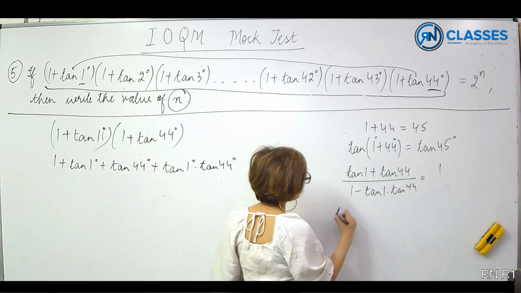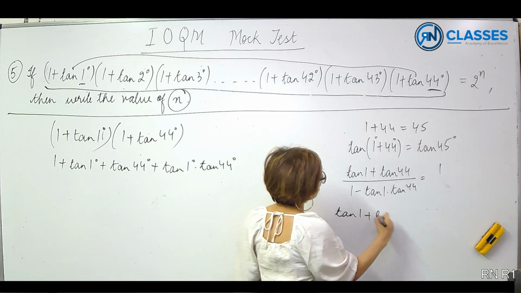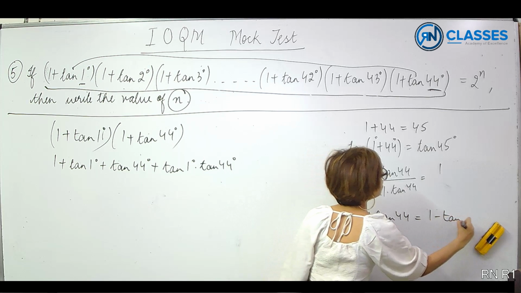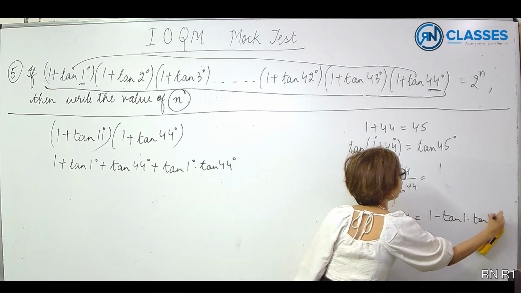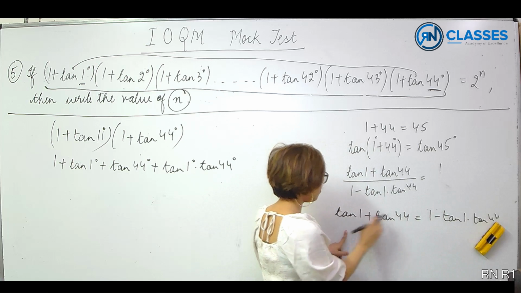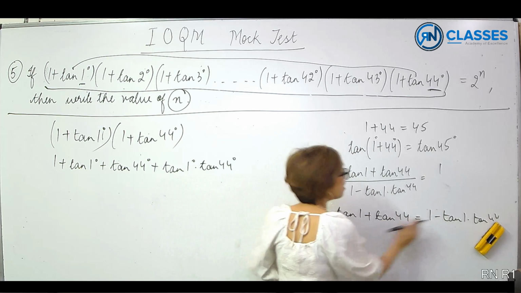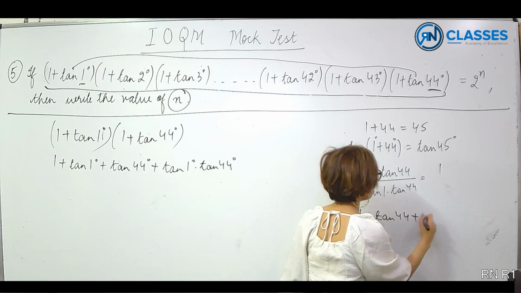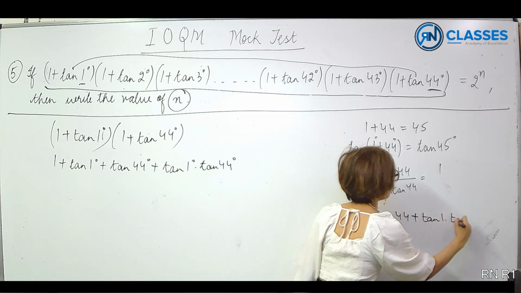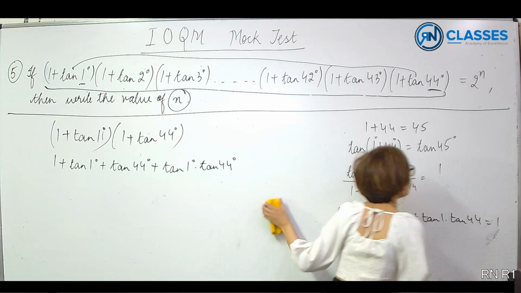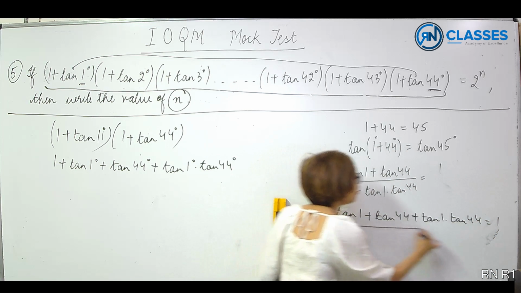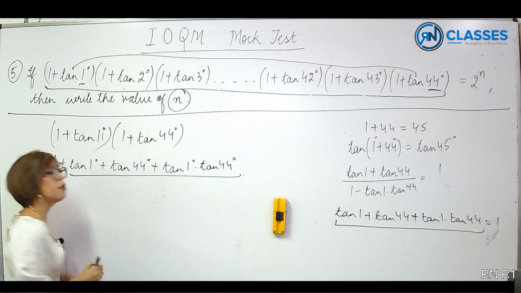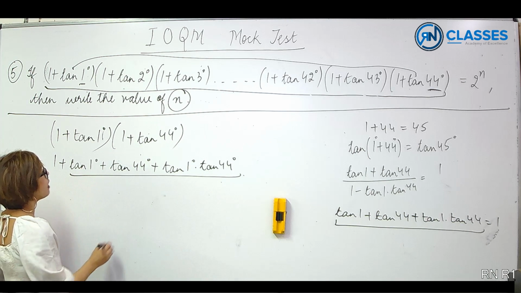So tan 1 plus tan 44 is equal to 1 minus tan 1 into tan 44. Wait a second. Tan 1 plus tan 44, I want plus, right? Shift this to this side. So this is plus tan 1 into tan 44, equal to 1. So the value of this quantity will turn out to be 1. So 1 plus 1, that is 2.